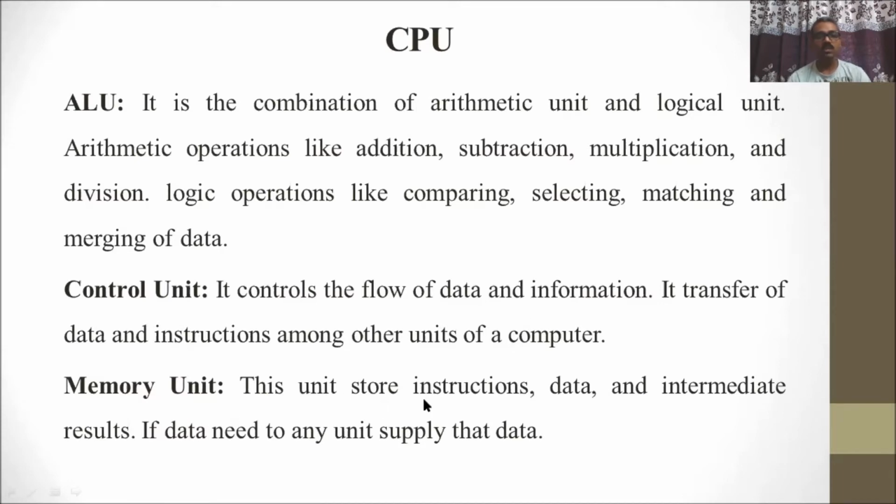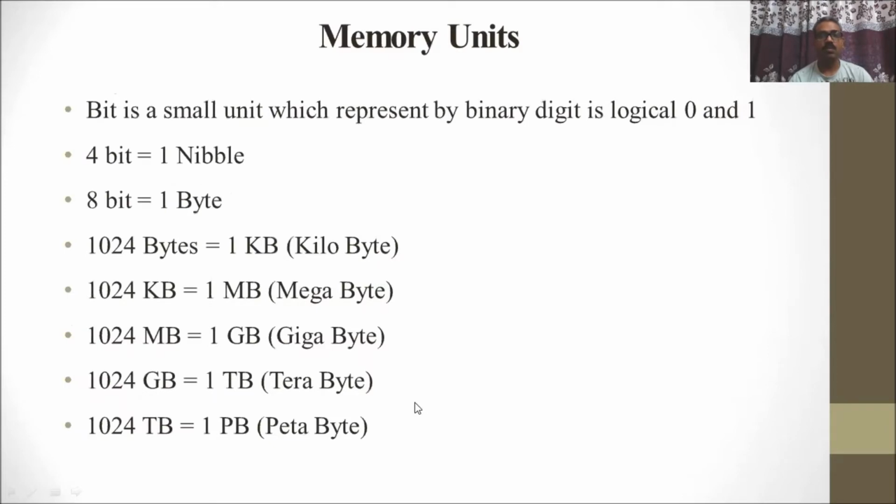Memory unit. This unit stores instructions, data, and intermediate results. If any unit needs data, the memory unit supplies that data. The memory unit retrieves the data when we require it. So, how do we measure data and information? Data is measured in bits, and these are the memory units.